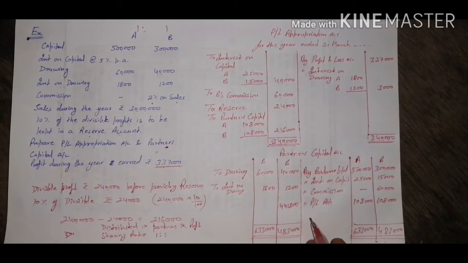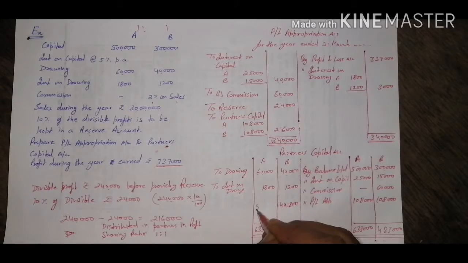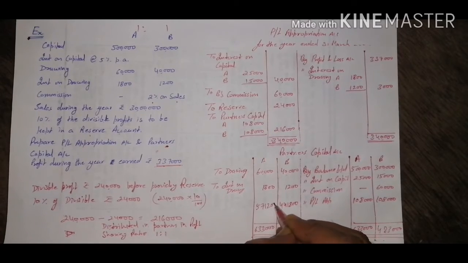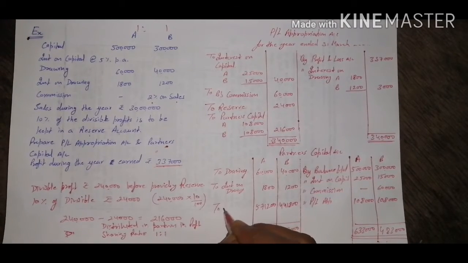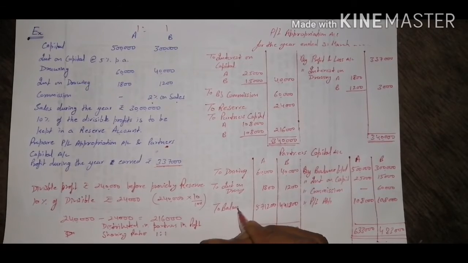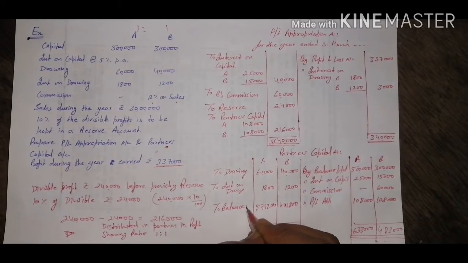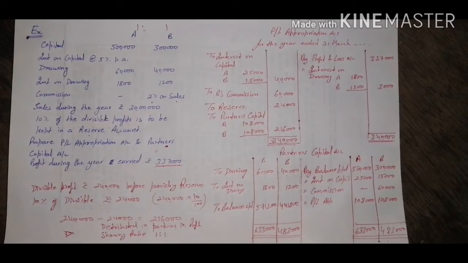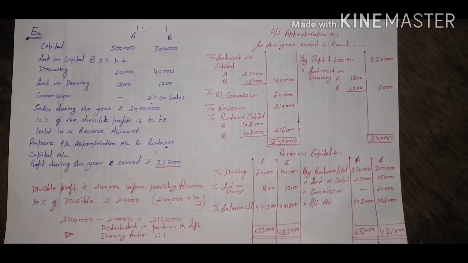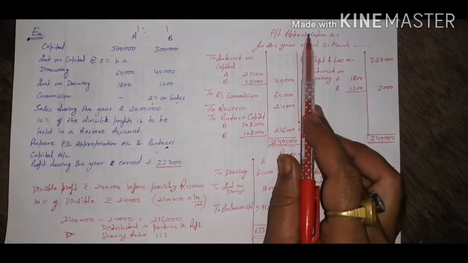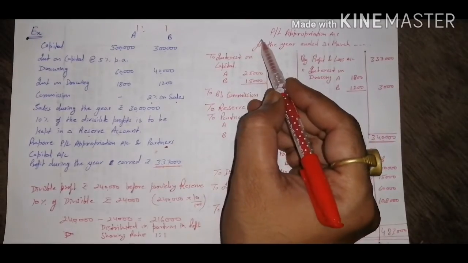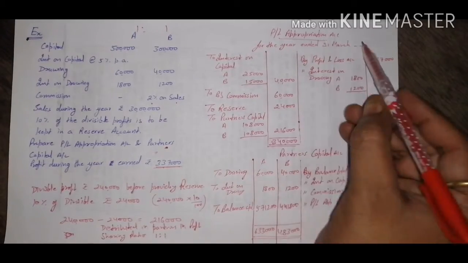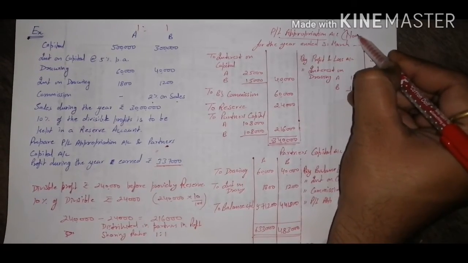Less drawings during the year of 60,000 and minus 1,800 interest on drawings, the balance amount is 5,71,200. Now, balance carried down. Again, the P&L appropriation account is treated as a nominal account as per the rule.